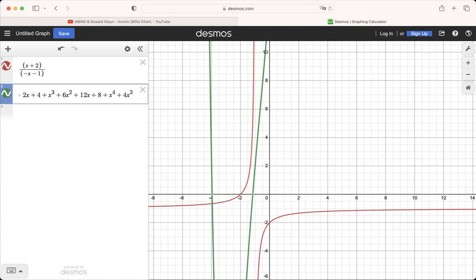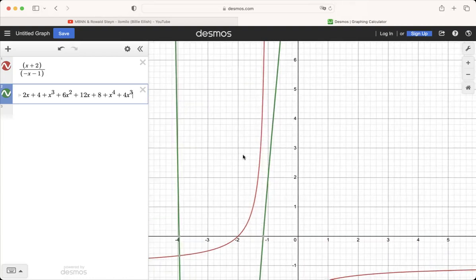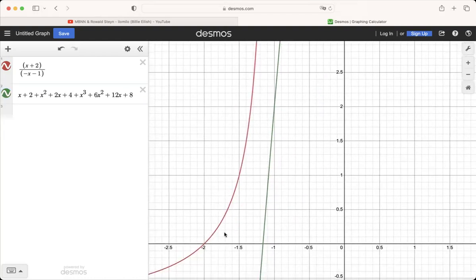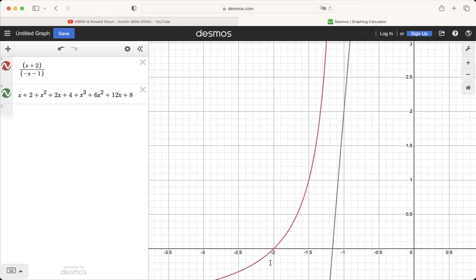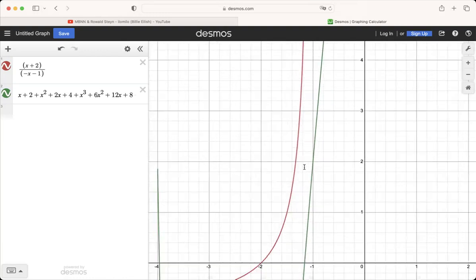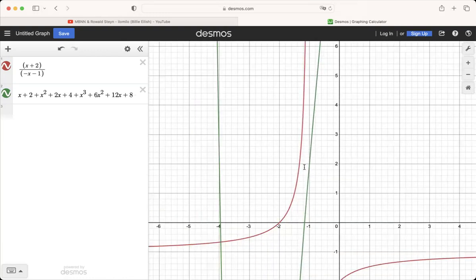If you raise these to more exponents, to more powers, you end up with more odd powers, more even powers. So by taking a close look at this, for now, we see that as long as we're between -3 and -1, the graph approaches this function. So this is the basics of power series, helping us to approximate complicated or complex functions.